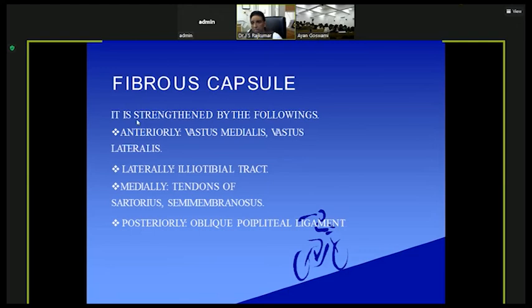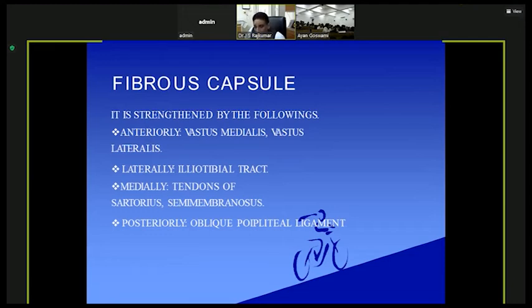Okay, so the fibrous capsule is strengthened laterally, very important. Now, I want all of you to think there is a tract laterally. It's like a tough thickening of the fascia lata, which is actually called the iliotibial tract. It strengthens the fibrous capsule of the knee joint laterally.